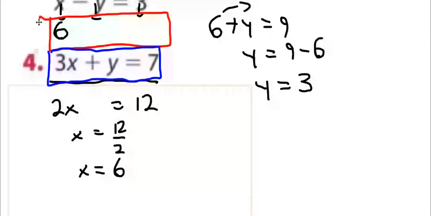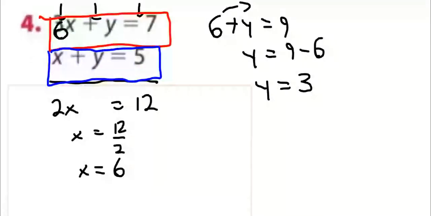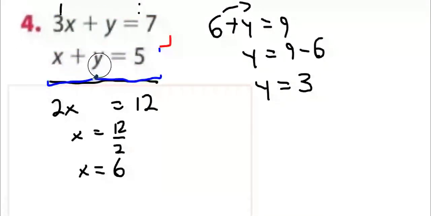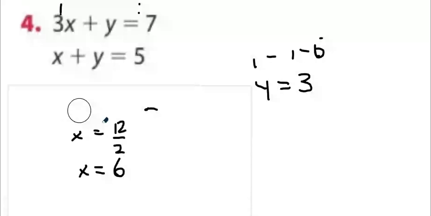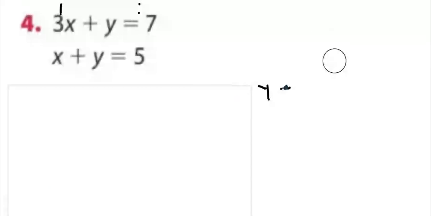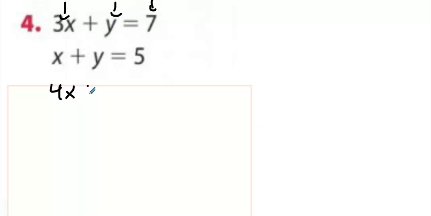Next thing you're going to do is move on to question 4. Question 4 is slightly more difficult. Here we have an example where, when we add downwards, nothing disappears. We have 4x, we have 2y, and we have 7 plus 5, which is 12. So nothing disappears.